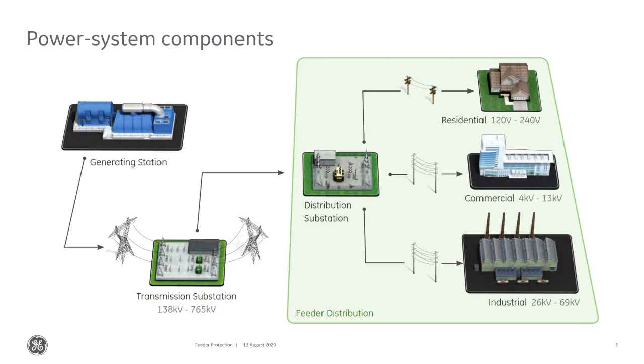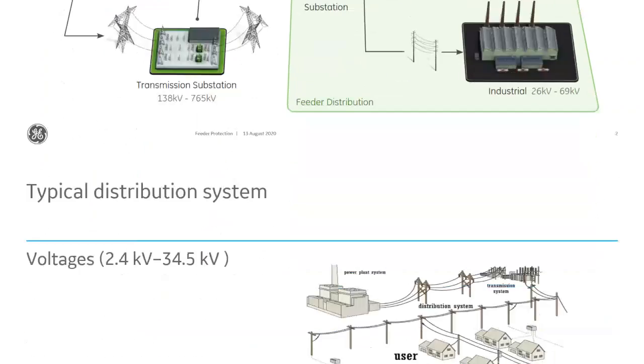In terms of residential, most of the voltage we use is 120 to 240, and this is usually a single-phase service. There are some special cases, like New York City, where they have underground secondary networks. You actually get a 3-phase service, so it's a 208 service instead of a 120 or 240 service.